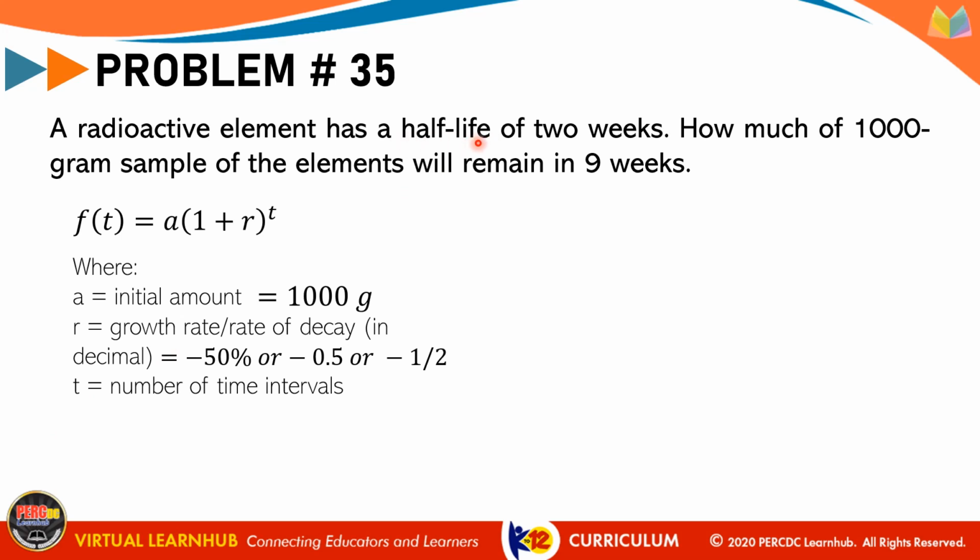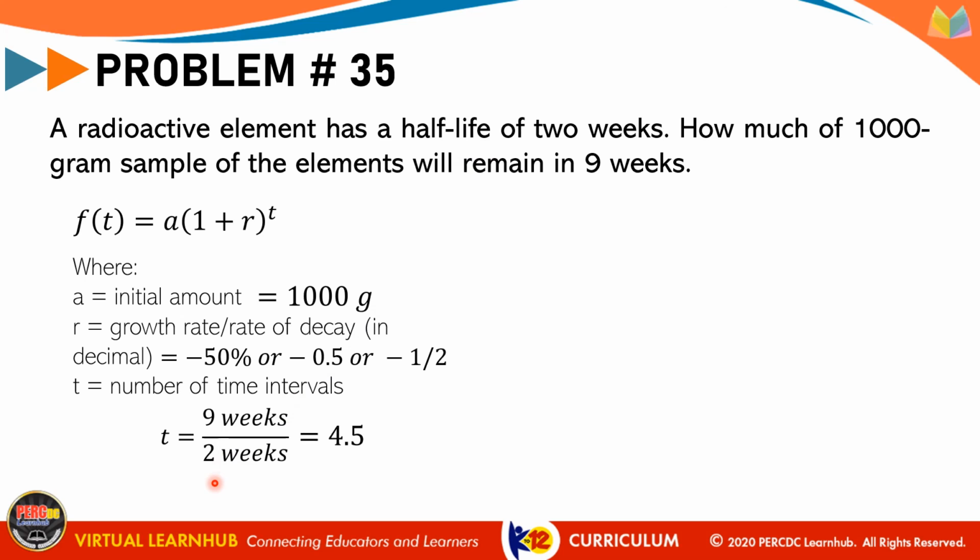So the element reduces its amount by half of its original value. Therefore, our rate of decay is negative 50% or negative 0.5 or negative 1/2. And then our number of time intervals is for 9 weeks and it decays every 2 weeks. Therefore, we will divide these two and that is 4.5.